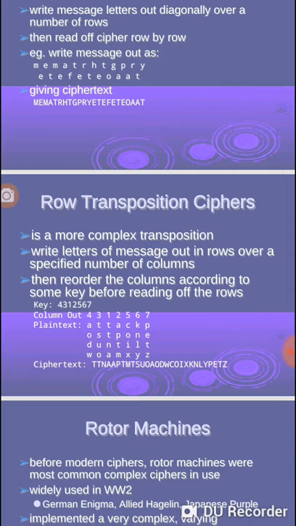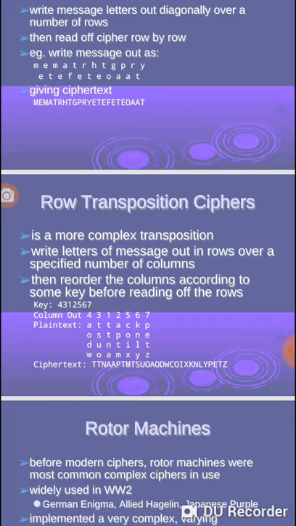Now the row transposition ciphers. The row transposition cipher is a more complex transposition technique. It writes the letters of the message out in rows over a specified number of columns, then reorders the columns according to some key before reading off the rows.